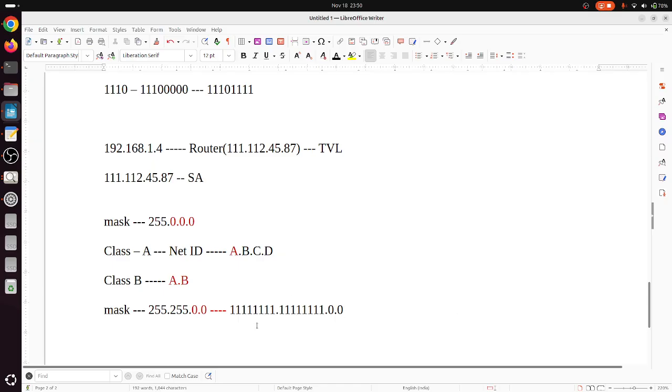So when I have an AND operation with A.B, automatically A and B will be extracted, and the rest, C and D, will be reduced to 0.